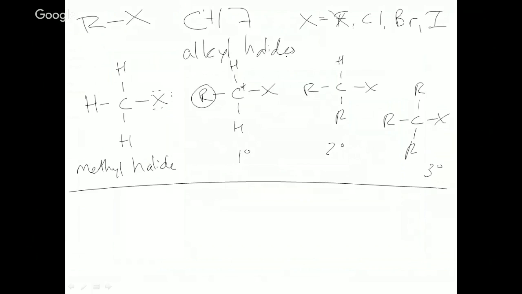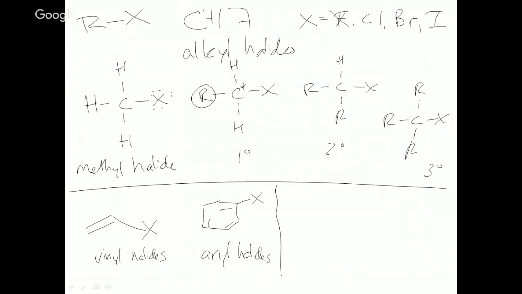What we're not talking about is vinyl halides, aromatics. These are different. These 2 right here are very different. We will talk about, you will see things like this. This is what we call an allyl.